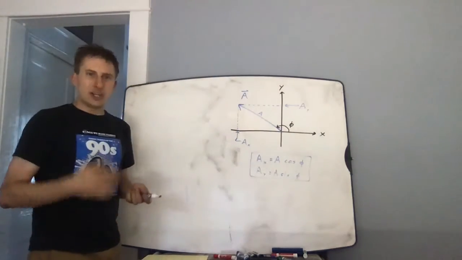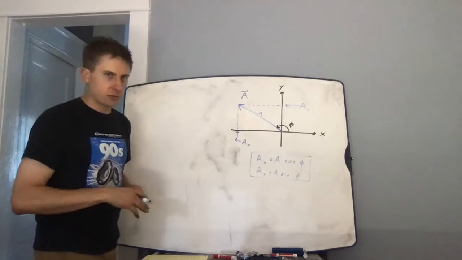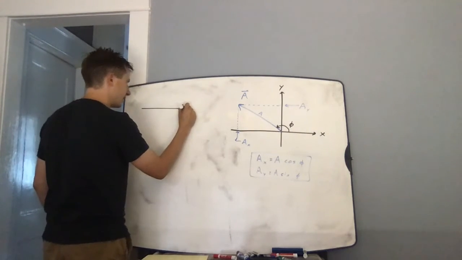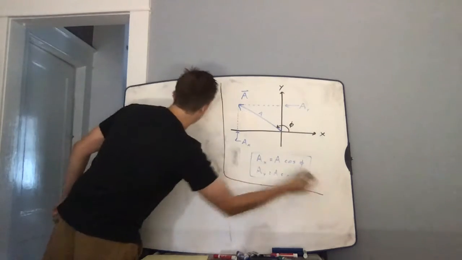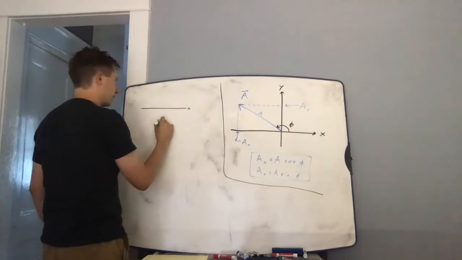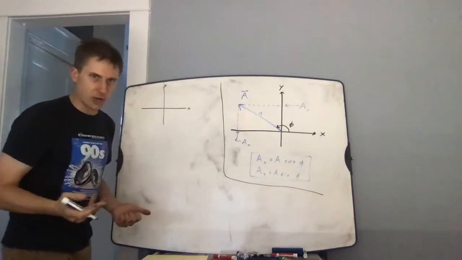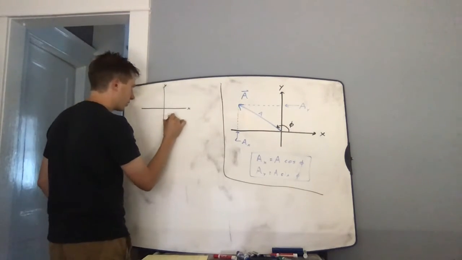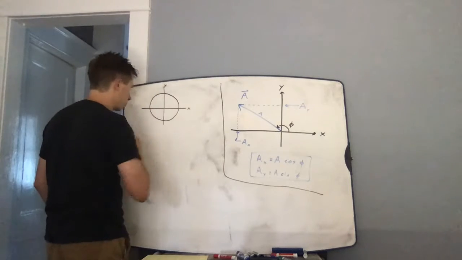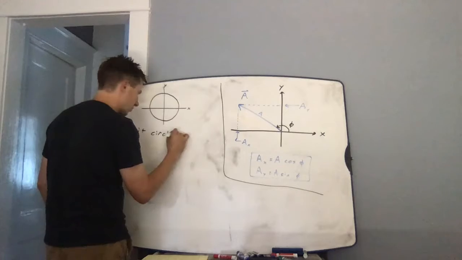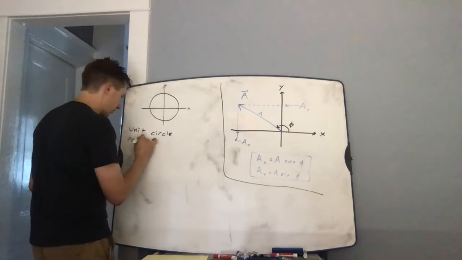Okay, what was the unit circle when you learned about it? Here is X, here is Y. The unit circle is a circle of radius 1. So here's a circle of radius equal to 1.